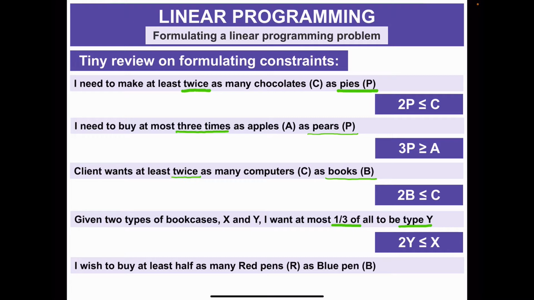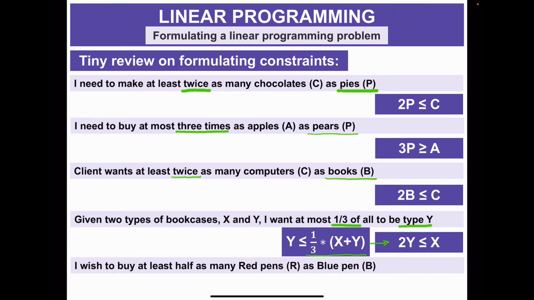If you didn't, it's completely fine if you got this one, because this is actually the direct translation. You want at most 1/3 of all, that means the sum, that's this part, to be the type y. So the type y must be at most 1/3 of all. But if you simplify it, then you get 2y is less or equal to x.